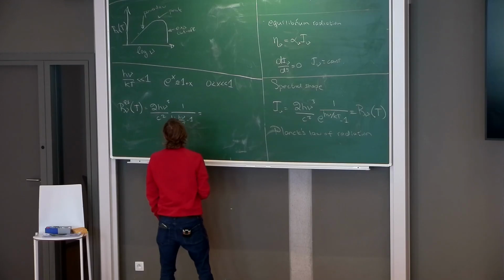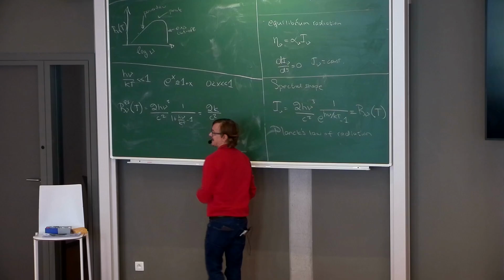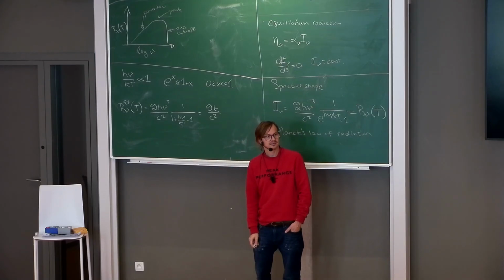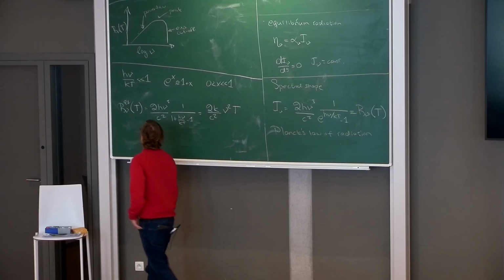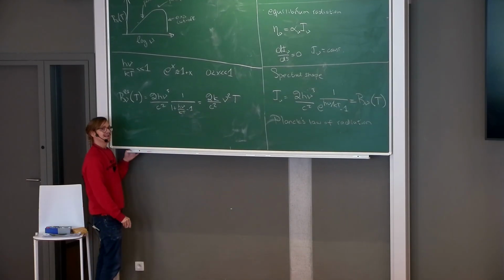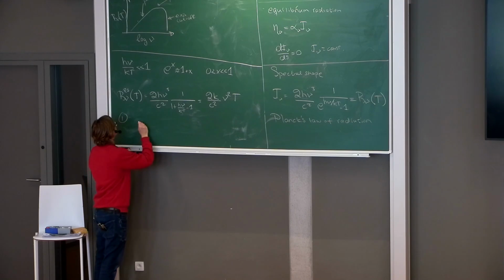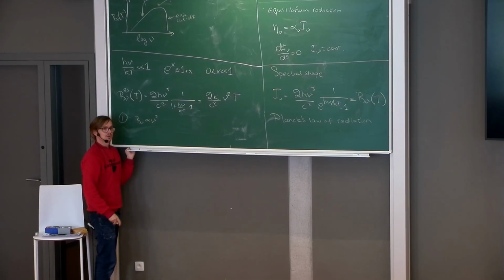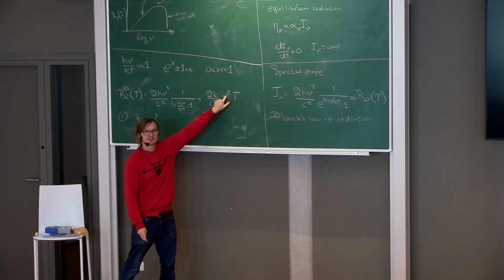We see a number of interesting features here. We get 2k over c squared. Note how h is canceling. Then we get nu squared T. So in this Rayleigh-Jeans regime, for a given temperature, B nu is proportional to nu squared. We also have that it is directly proportional to the temperature, yeah?